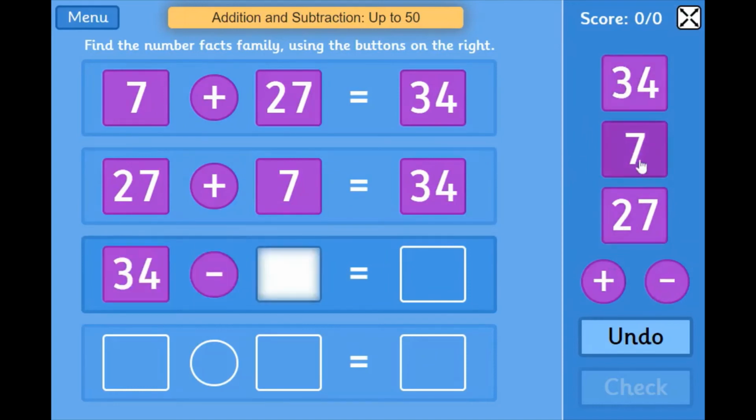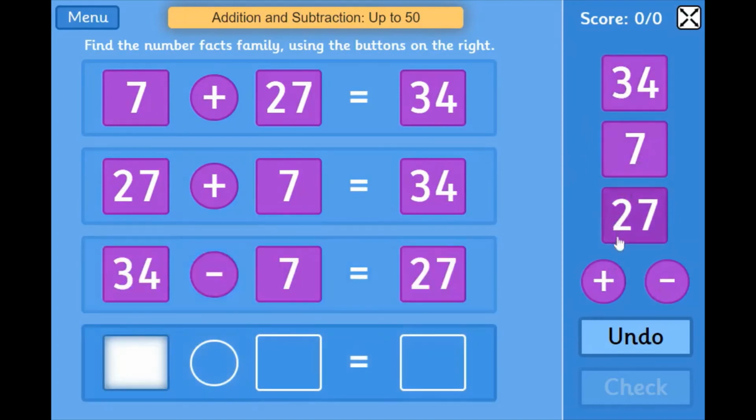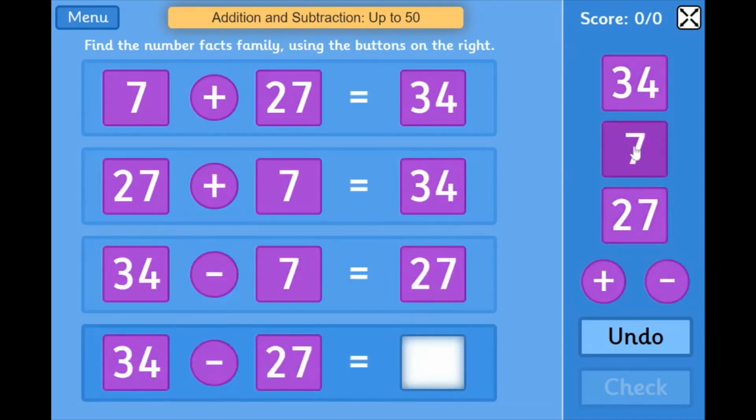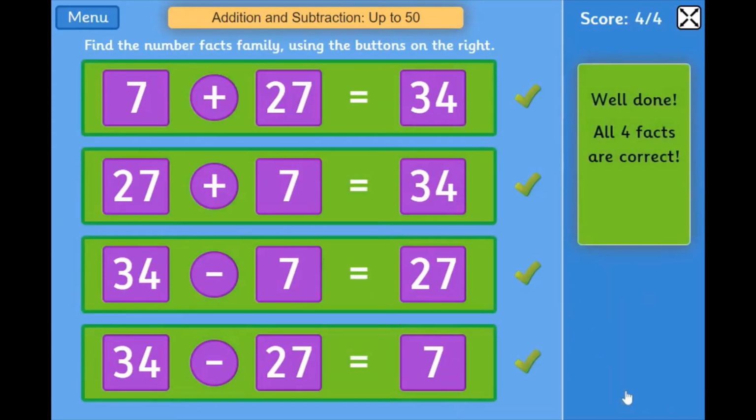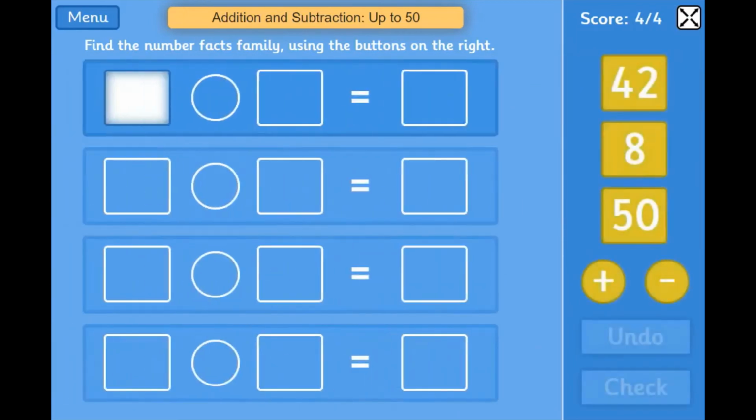So 34 take away 7 is 27, and 34 take away 27 is 7. Okay, so we've got 2 addition, 2 subtraction. Our subtractions start with the biggest number, and we've rearranged to make 4 different number sentences for that fact family. So then we can click check. So once you've done that, it will give you another one to have a go at.